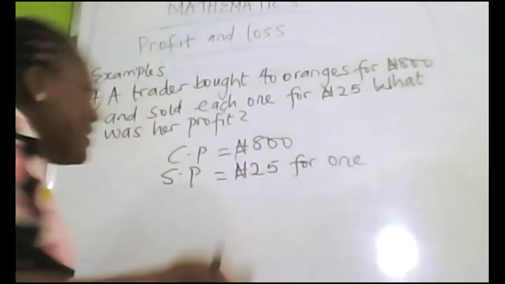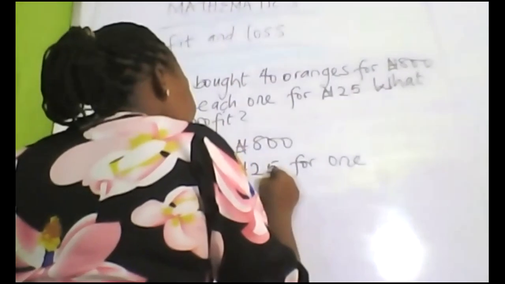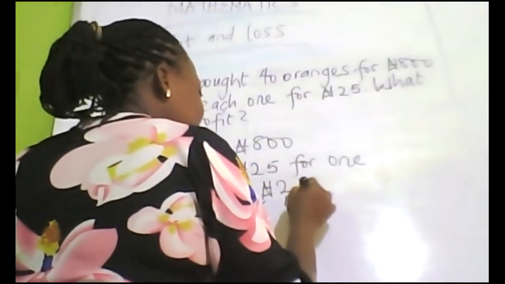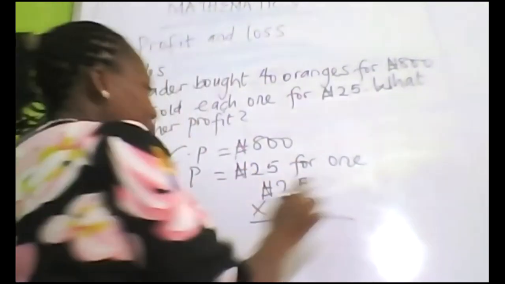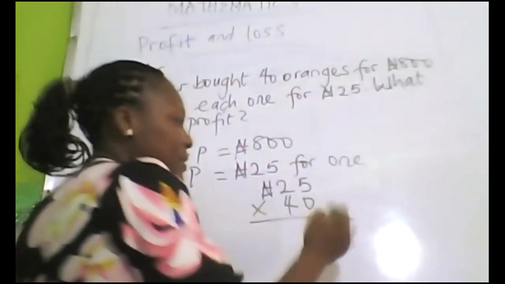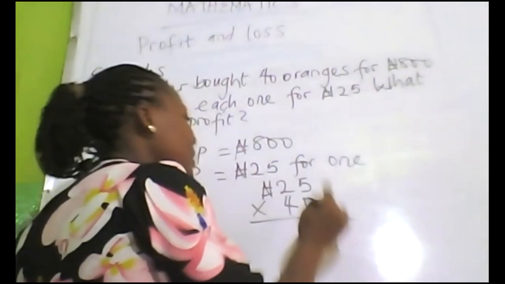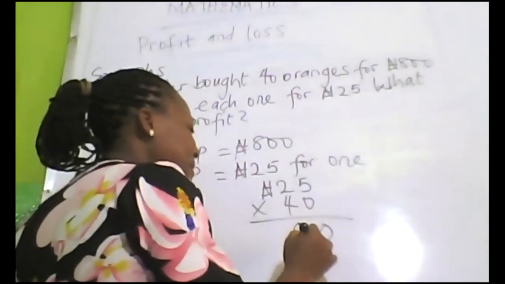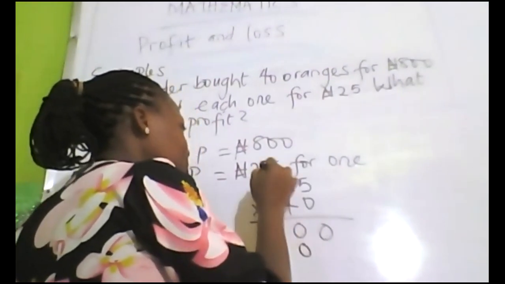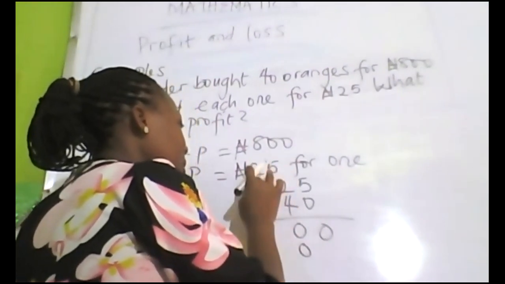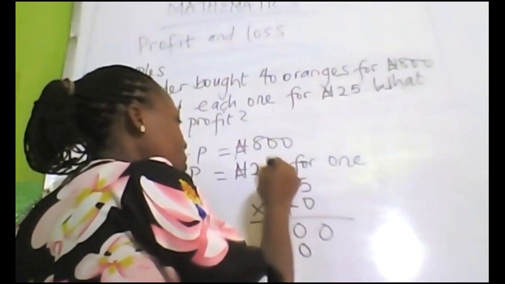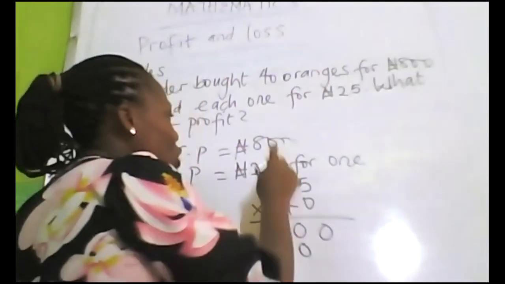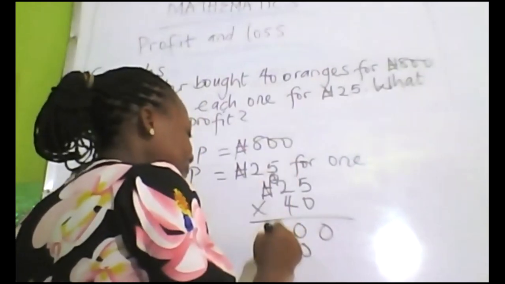So you have 25 naira times 40. 0 times 5, 0. 0 times 2, 0. 4 times 5, 20. Write 0 and keep 2. 4 times 2, 8, plus 2, 10.